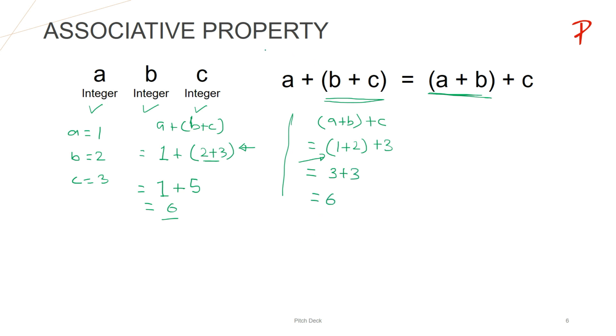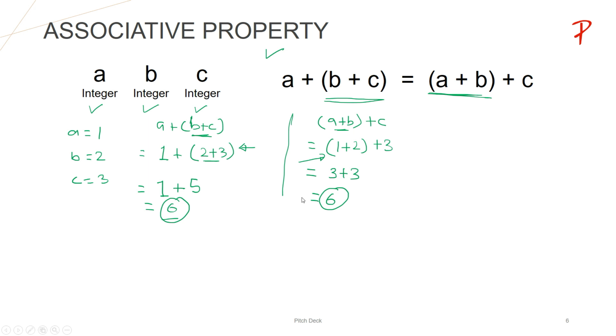So the associative property says that for any three integers a, b, and c, the way in which numbers are grouped in an operation does not change their result, and this is what we have seen. Here b plus c is grouped together, and here a plus b is grouped together. But when we perform these operations, the result is the same, and it is an integer.